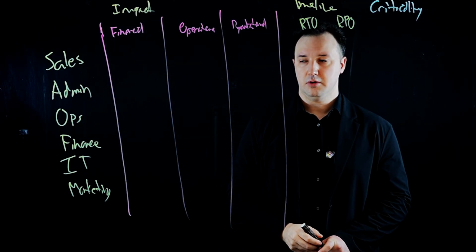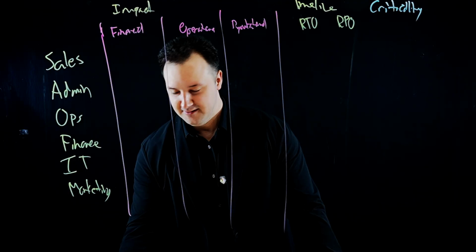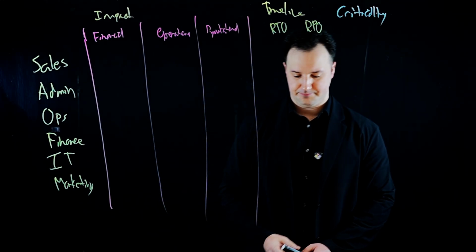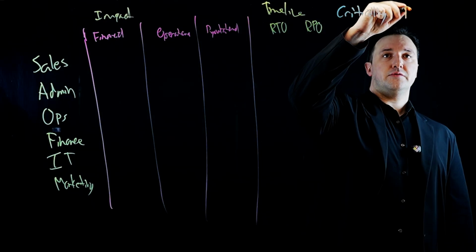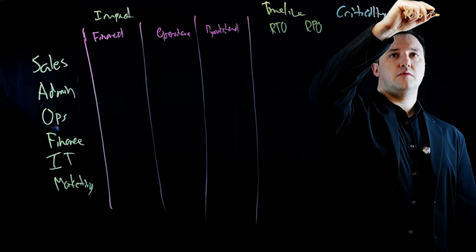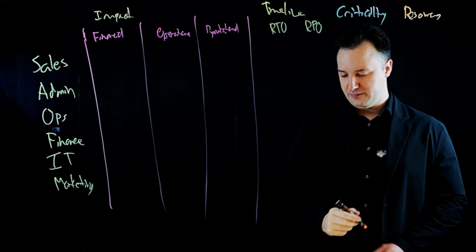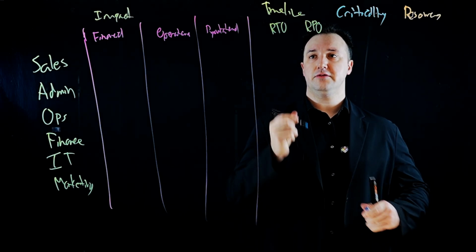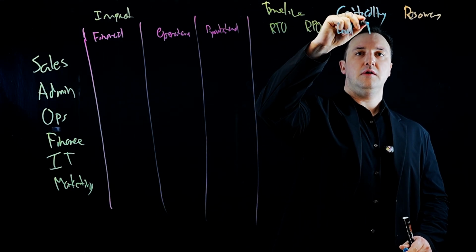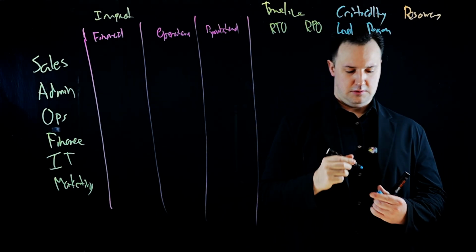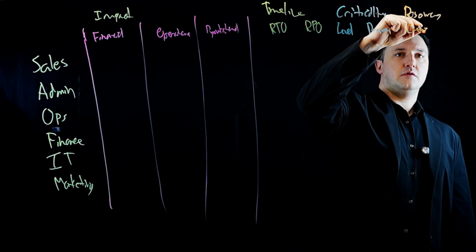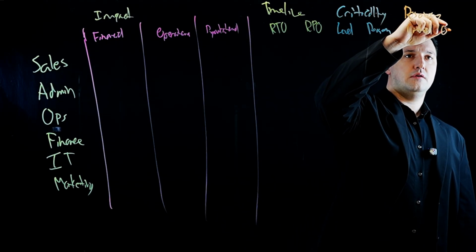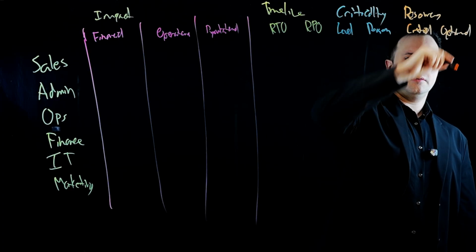We're going to need a bigger board. We're going to need criticality. And then we're going to need resources. Your criticality is going to have basically your level and reason. So you're going to have level and reason. And your resources are going to have critical and optional.